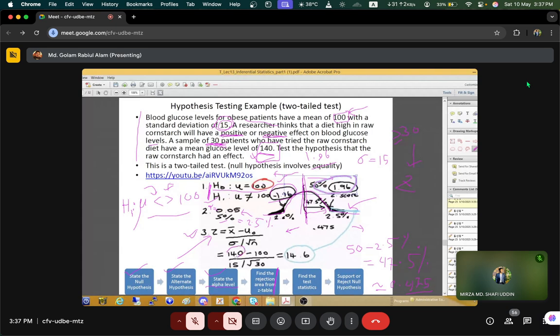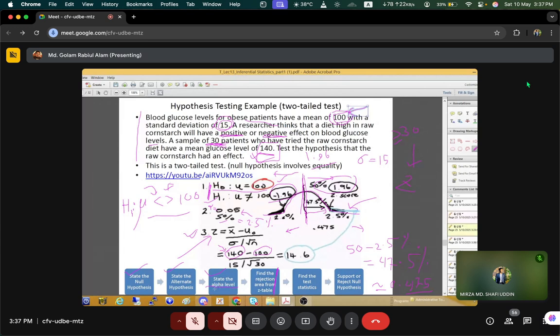And mu 0 is 100. This is our mean blood glucose level in obese patients, from our observed data.